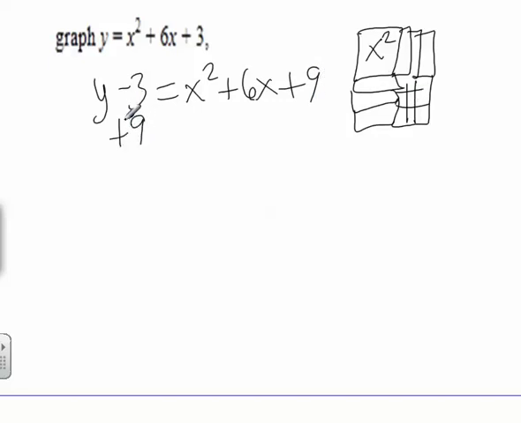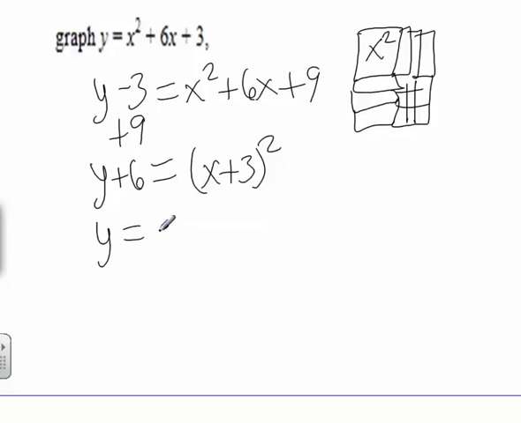We have to add it to both sides to be fair. Y plus 6 equals, and this factored is x plus 3 by x plus 3. So x plus 3 squared. Y equals x plus 3 squared minus 6.